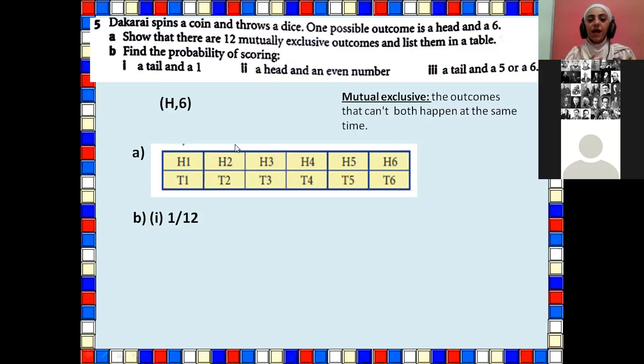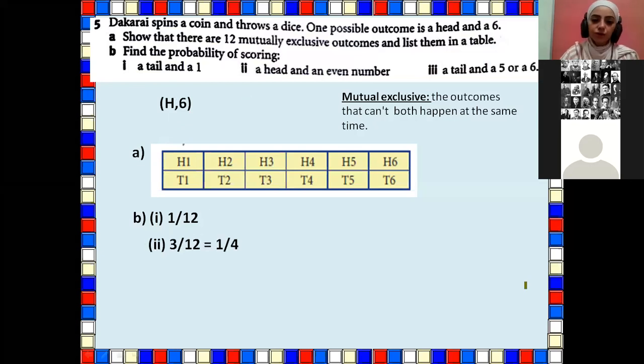Because head with even. What are the even numbers? There's 2 also. So 2, 4, and 6. Exactly, head with 2 or head with 4 or head with 6. So altogether, how many outcomes? 3 out of 12. Yes, 3 out of 12 or 1/4 as simplest form.